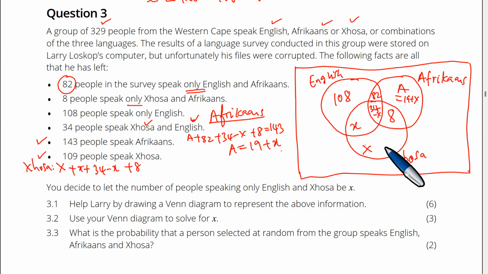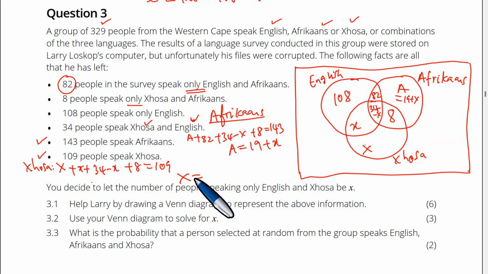So you've added everything here. But those who speak Xhosa are 109. We want to get big X now.